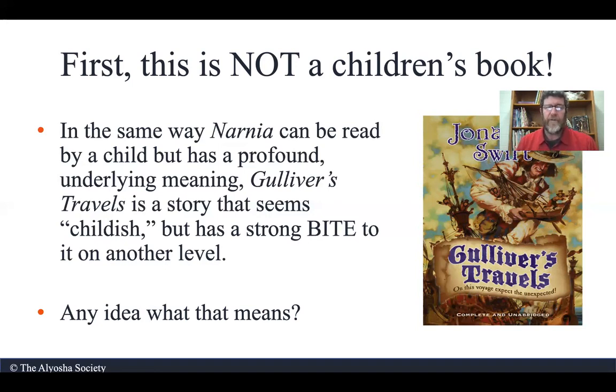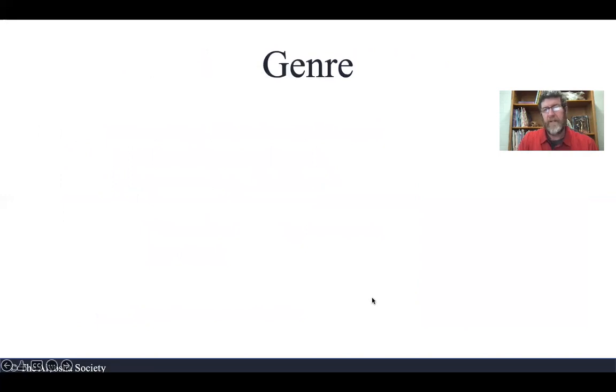Well, Gulliver's Travels is sort of like that, in that it may seem a bit childish, but the story can be understood on another level. And on that level, it has a bit of a bite to it. Think about what you think that means. I just want to get the wheels turning a little bit before you get into the book.